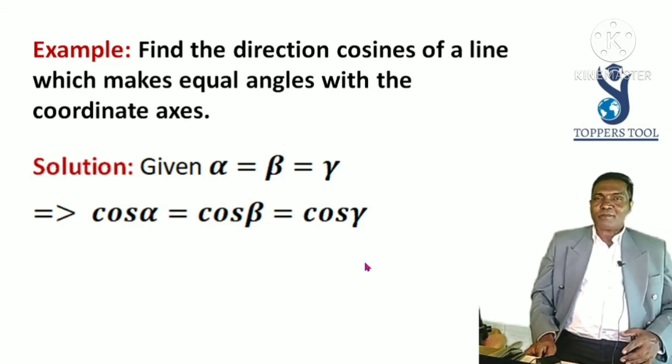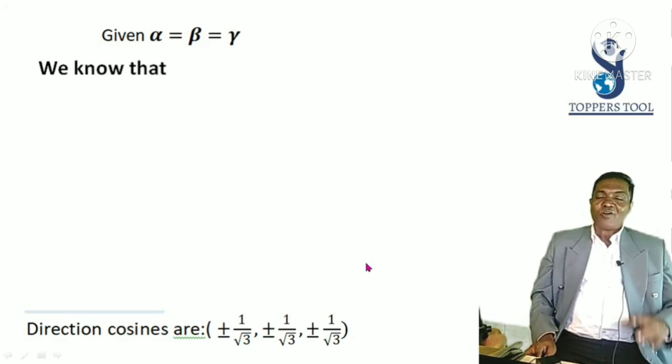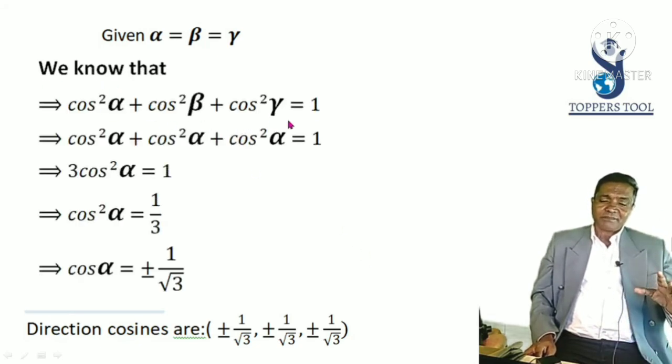We have the property that the sum of the squares of direction cosines is always equal to 1. So cos square alpha plus cos square beta plus cos square gamma is 1. And we have alpha is equal to beta is equal to gamma, so you can replace these in terms of alpha. So this can be written as cos square alpha, even this can be written as cos square alpha, is equal to 1.